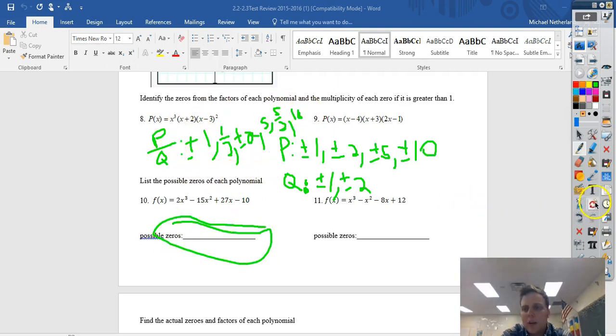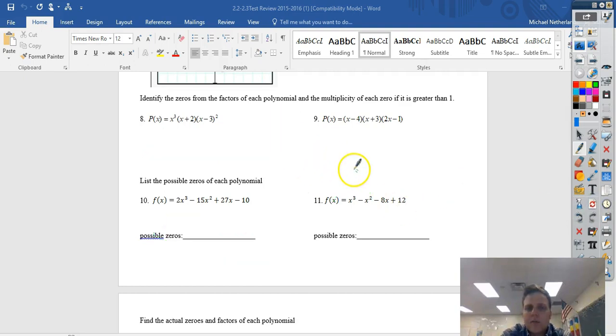Alright, let's do number 11. Alright, remember it's P over Q. So P for this problem is 12 because that's my constant. Factors of 12 are 1, 2, 3, 4, 6, and 12. And all of these have plus or minus in front of them. Alright, Q is 1 because that's the number multiplying x cubed.